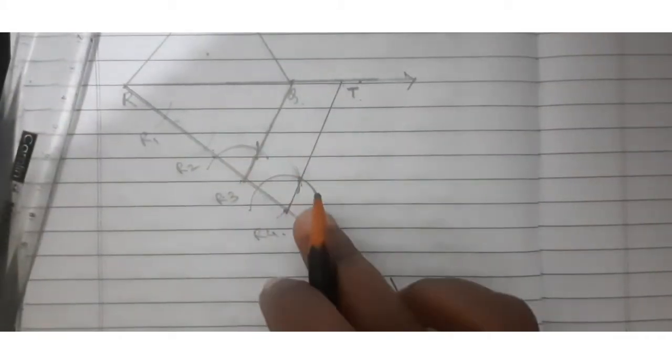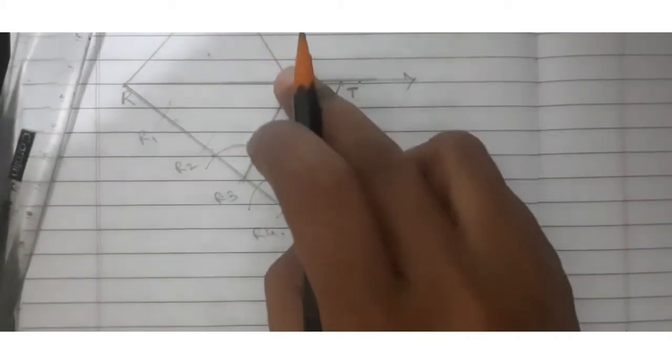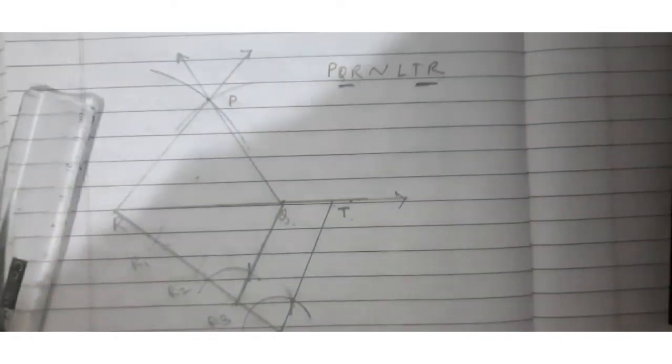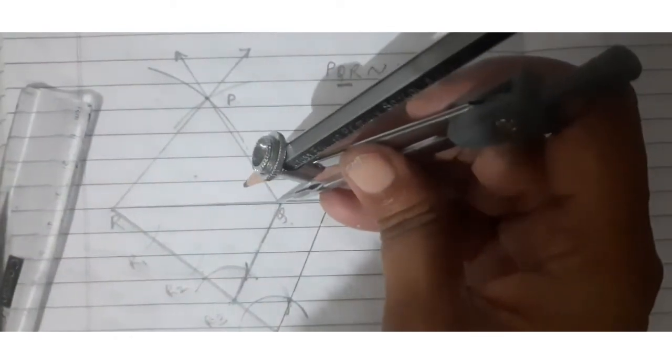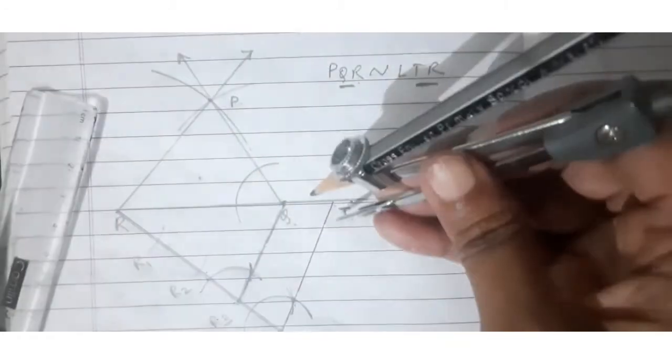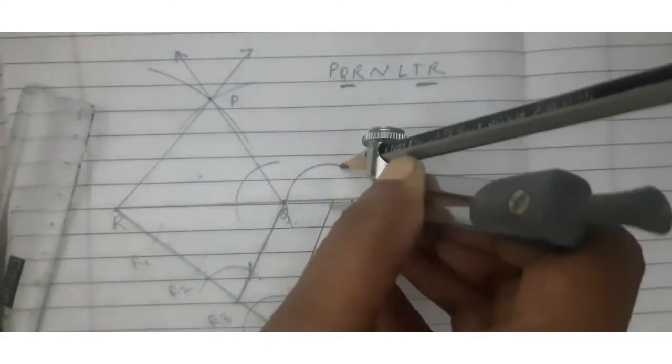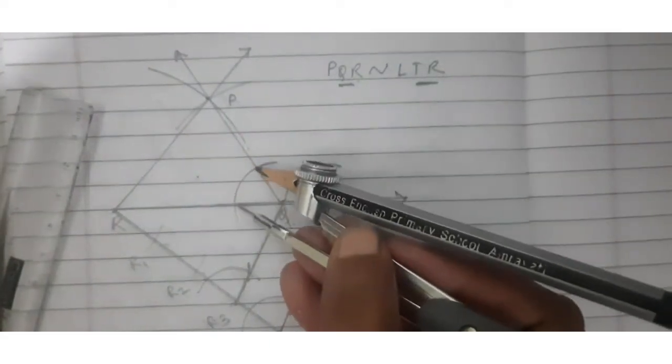Now the same process, whatever we have done over here, you have to carry forward from point Q and from point T. Right? So I'll be keeping the pointer at Q and drawing the arc. Same way I'll be keeping the pointer on T and drawing an arc. Okay? Now I'll be measuring the distance.